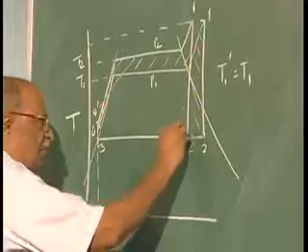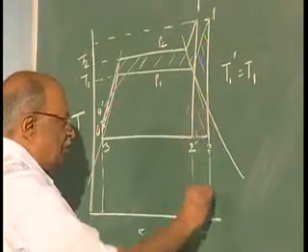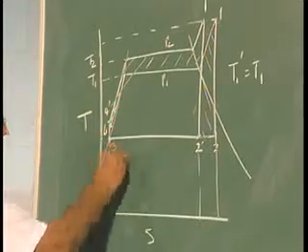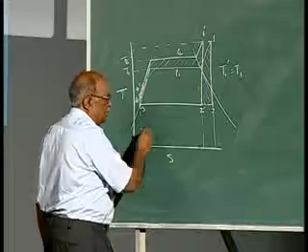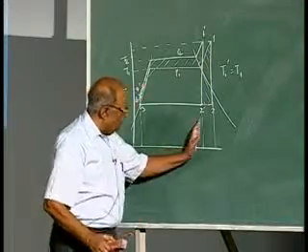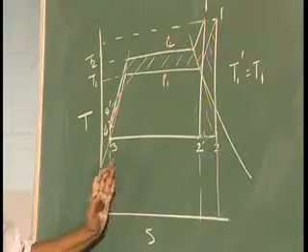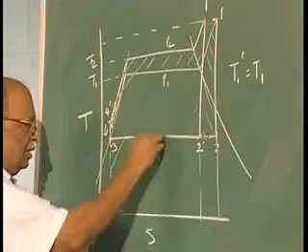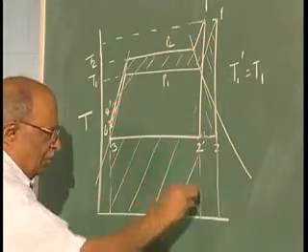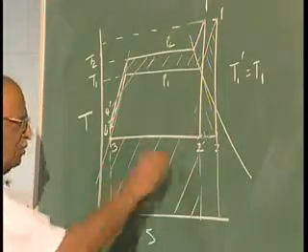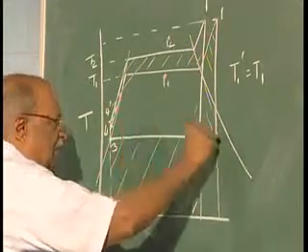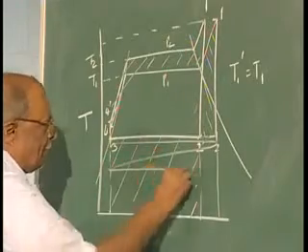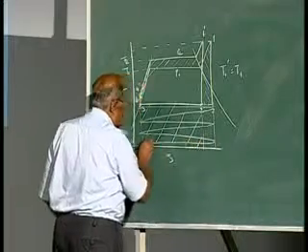the heat loss which was earlier from 2 to 3, now it is from 2 dash to 3, and therefore, there is a saving in the loss, rather less quantity of heat is being lost in the case when the temperature increases. In the new conditions, this is the loss in heat, whereas earlier the heat lost was given by this area.